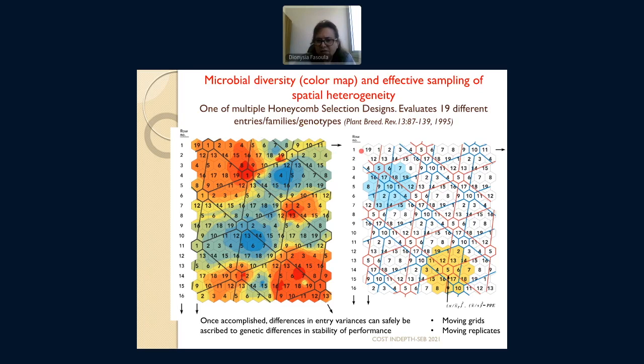Notice that in each row, these are field rows, each number corresponds to an individual plant belonging to family number 19 or family 9 or family number 2, etc. And each plant has at least 1 meter interplant distance from its neighbors, so as to exclude interplant competition.